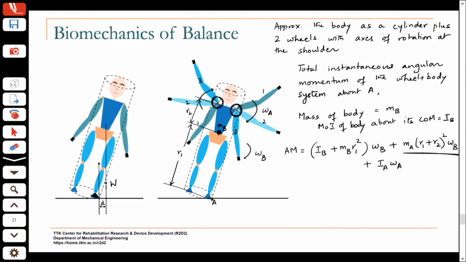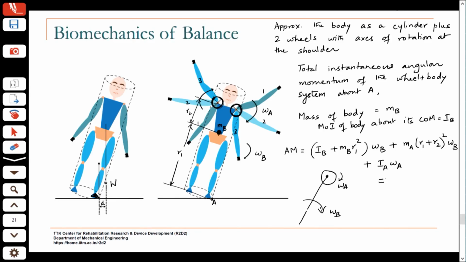If you just think of a rod with a wheel attached to it, the wheel is rotating at omega A, but the rod is rotating at omega B about this point. Okay. So now this angular momentum of this system is because of WD.